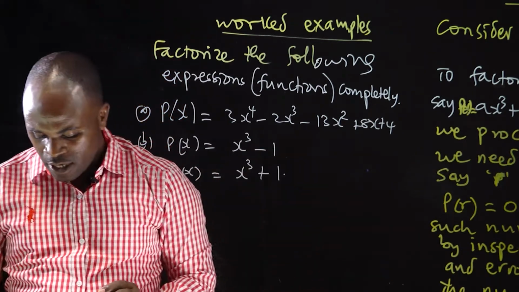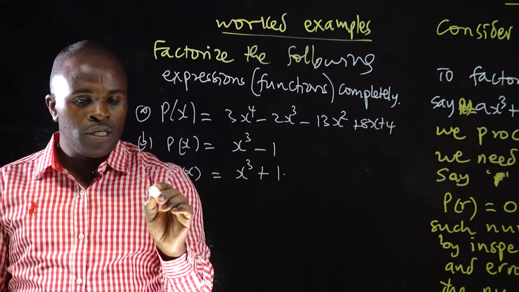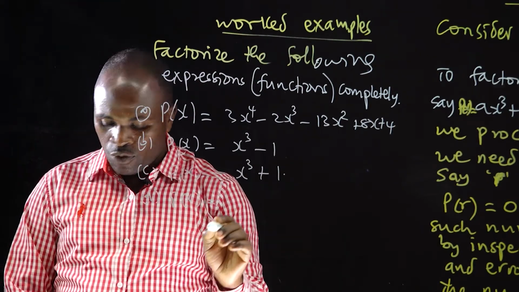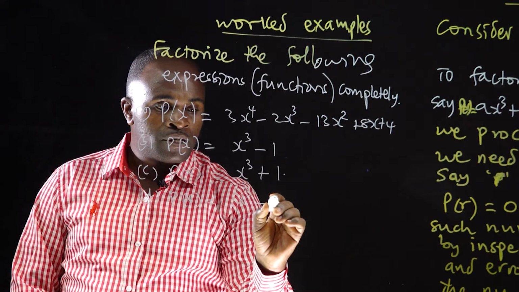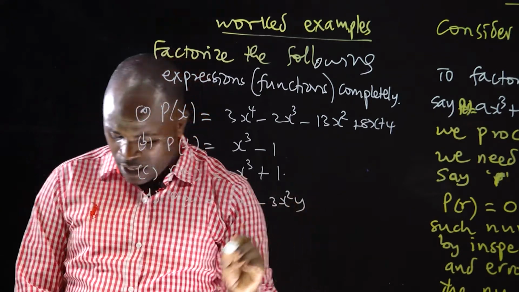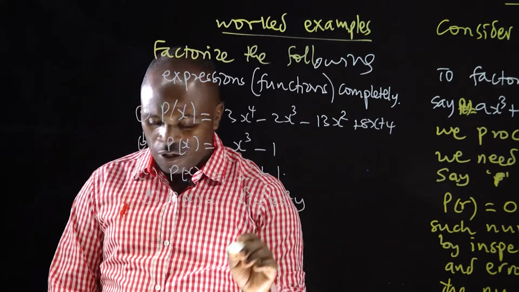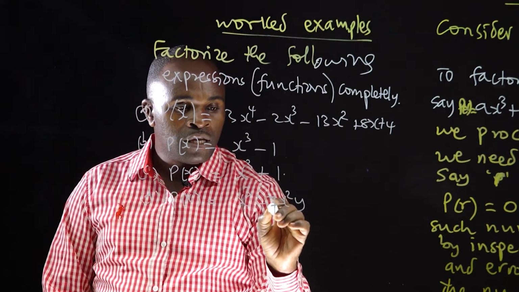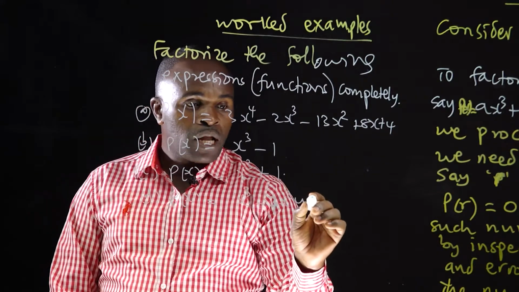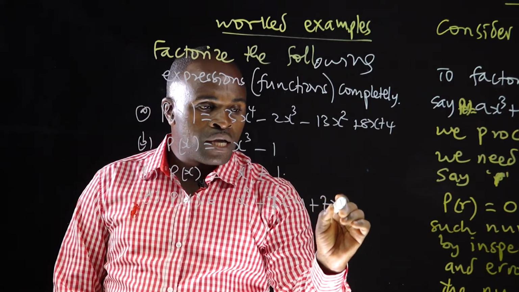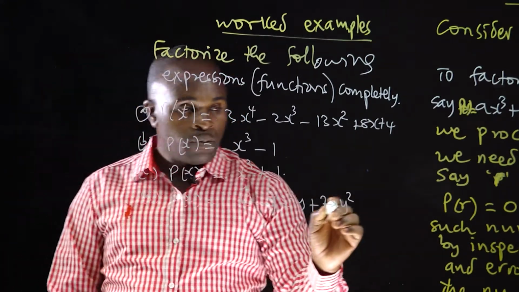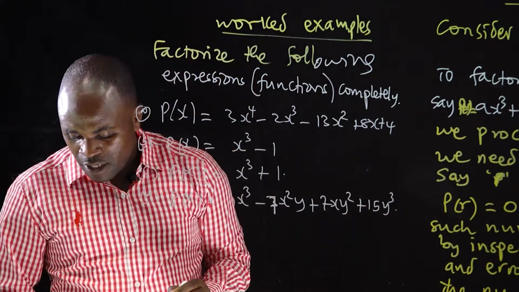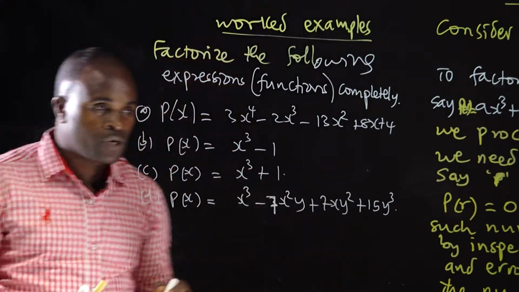We can also have D: p of x equals x cube minus 3x square y, sorry, this is supposed to be 7, so 7x square y plus 7xy square plus 15y cube. These are some examples for us to practice.